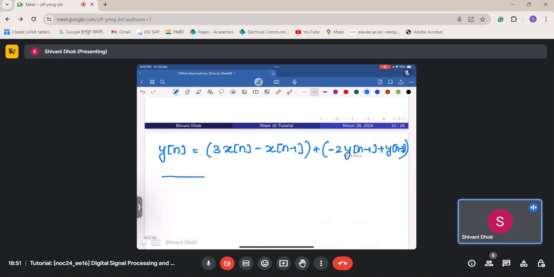So we are having this thing here. This is x[n], and this is some pseudo y, so we'll have a z inverse here. Then this gets multiplied by a gain factor of minus 2.